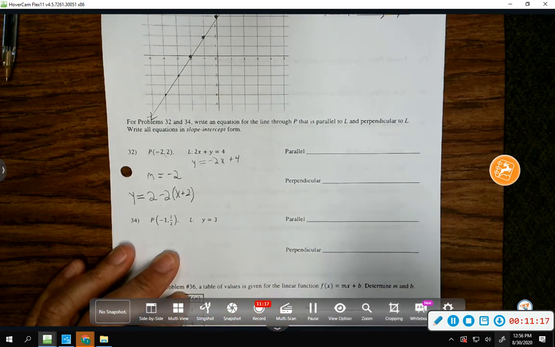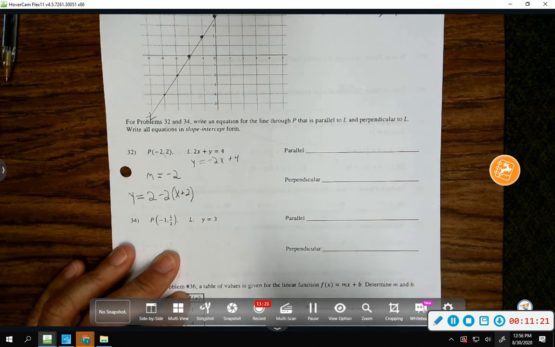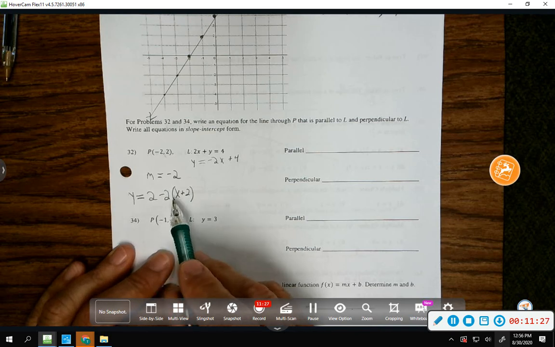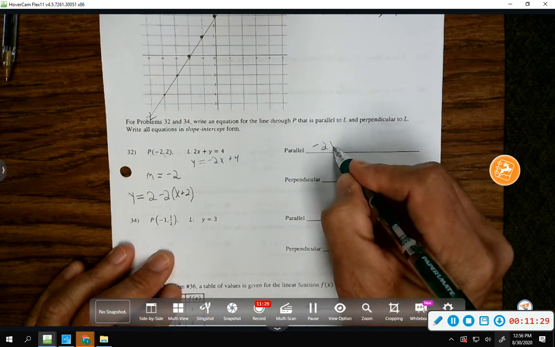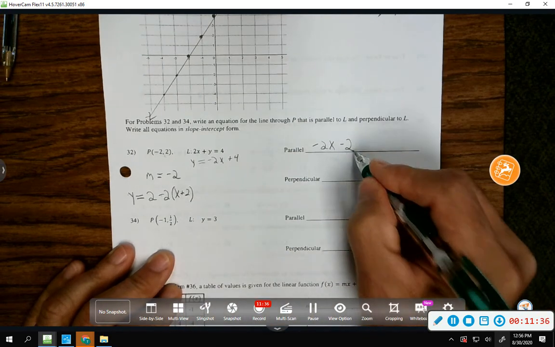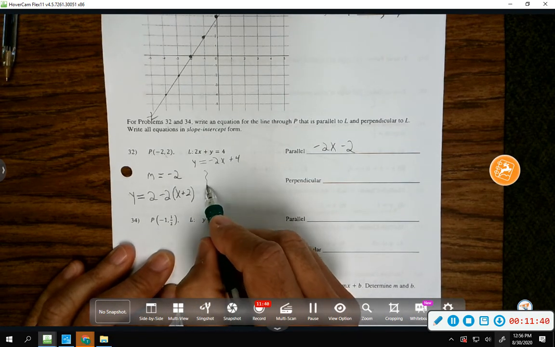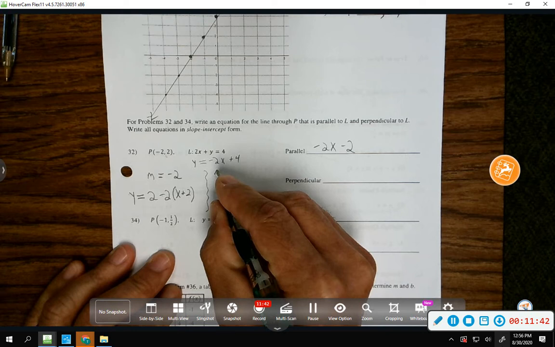I'm starting to believe that sometimes the more you write down, the more likely you are to drop a symbol, to drop a negative sign. And if I just do this in my head, I know, oh, the slope's negative 2x. I get a negative 4 plus 2 is a negative 2. We can distribute and add at the same time because you are all mathematically talented students.